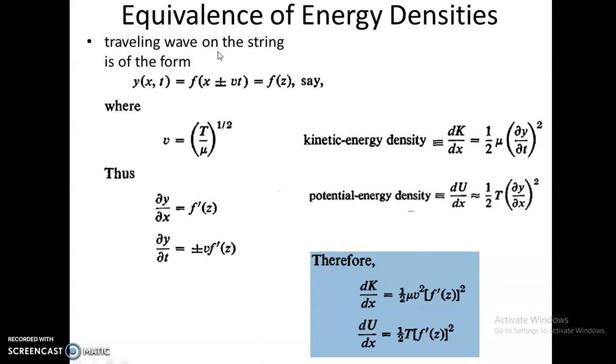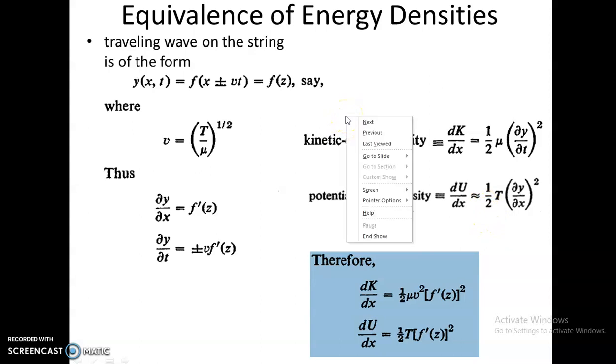Since we have only two modes of energy possession, kinetic energy and potential energy, the total energy will be the sum of the kinetic energy and the potential energy. We have evaluated the kinetic energy density as dk by dx equal to half mu into dy by dt whole squared, where dy by dt is the velocity. The potential energy density is half T into dy by dx whole squared, where T is the tension on the string.